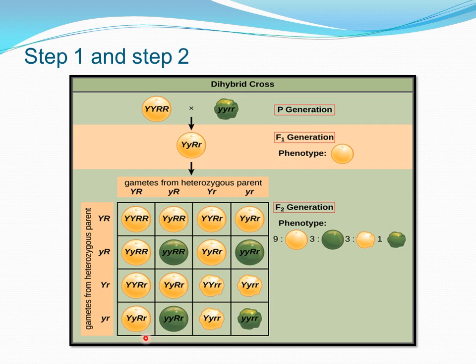We are representing all the offspring, all the genotypic combinations of the gametes from both the male and the female parents. These are gametes, suppose from the male parent, and these are from the female one. When we do the crossing, this is the offspring.